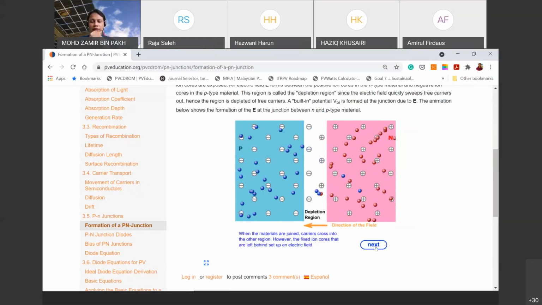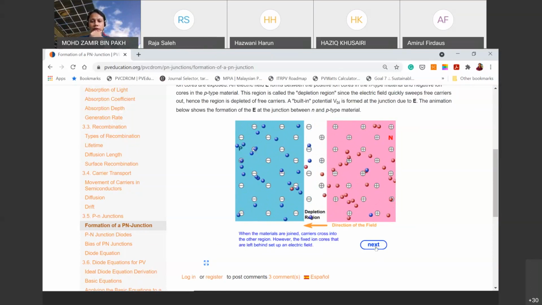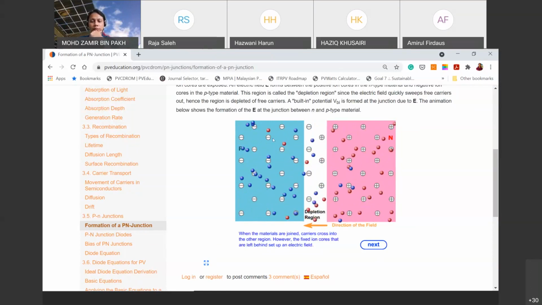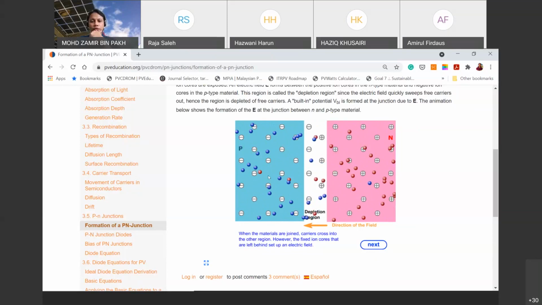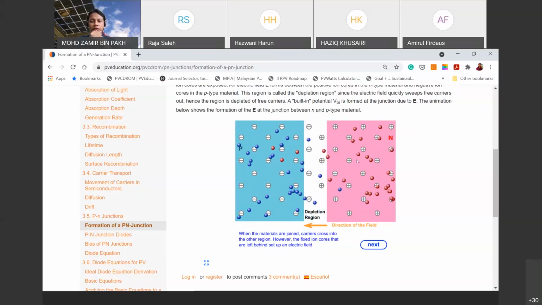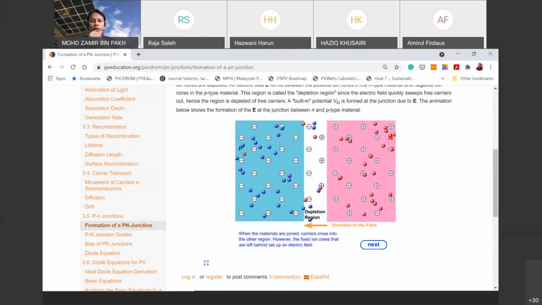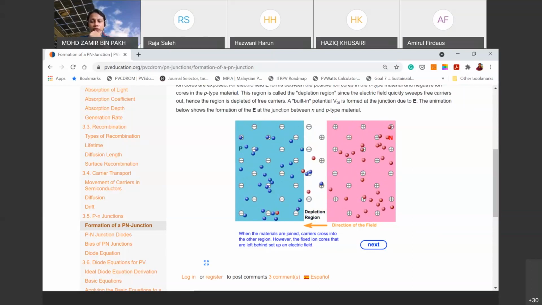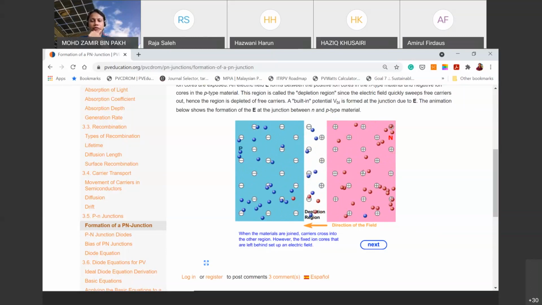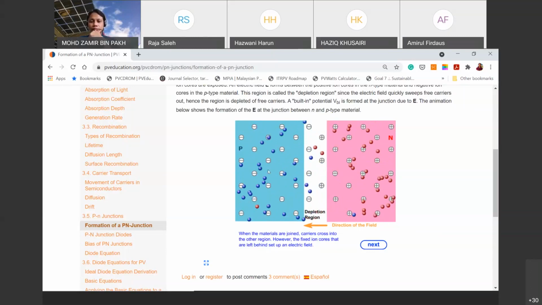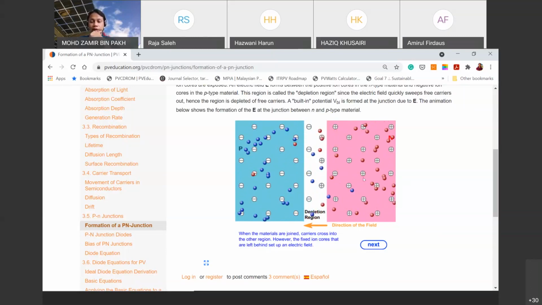Okay, so now they start diffusing. When they are joined together, you can see that the holes in the blue region are diffusing into the red region to the right. At the same time, we have electrons on the right as the majority carrier diffusing to the left because of the concentration gradient as well, right?